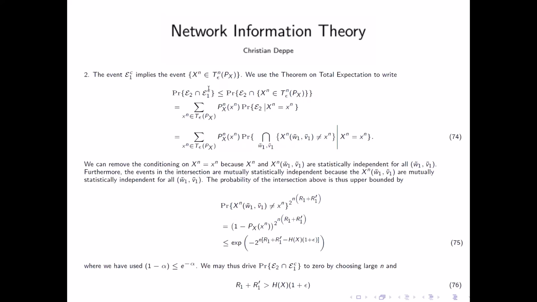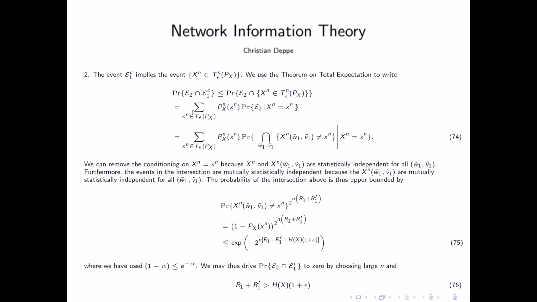E1 complement means that the sequence is not jointly typical, and E2 means that we cannot find something like this. So E2 is here, that here, and together that the sequence xn is typical, because we know if it's jointly typical, then xn is also typical. So this follows directly by the joint typicality.